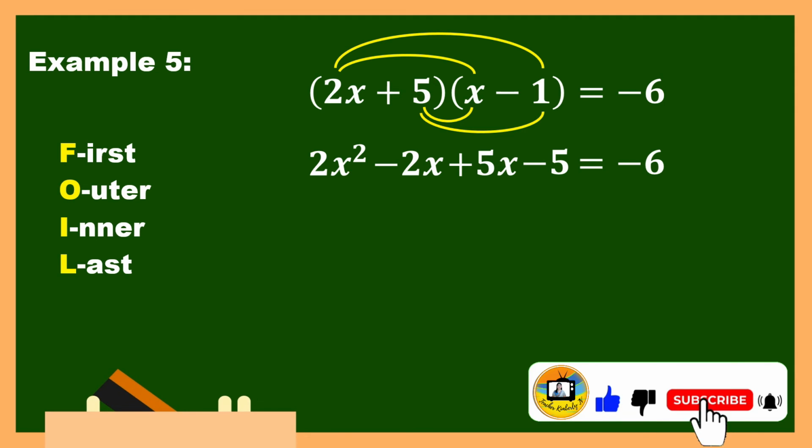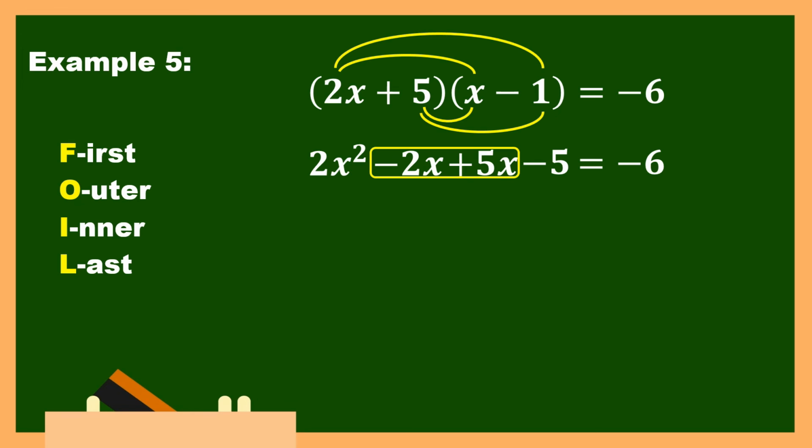Okay. Now we will combine the like terms negative 2x and positive 5x. So as you can see, they are unlike sign, meaning tayo ay magpo-proceed to subtraction or magbabawas. Kaya siya magiging 2x squared plus 3x minus 5 equals negative 6. So we subtract 5x and 2x, the answer is positive 3x.